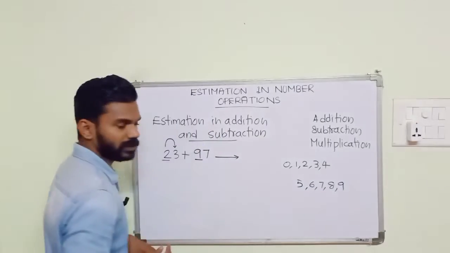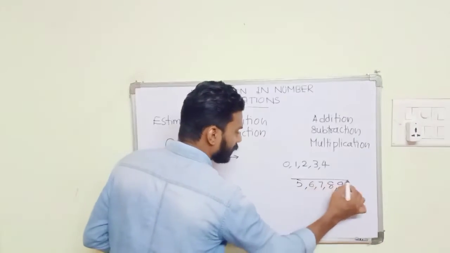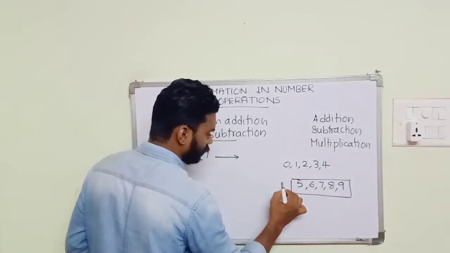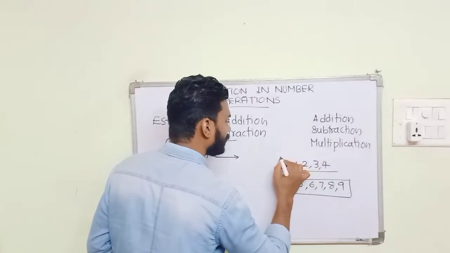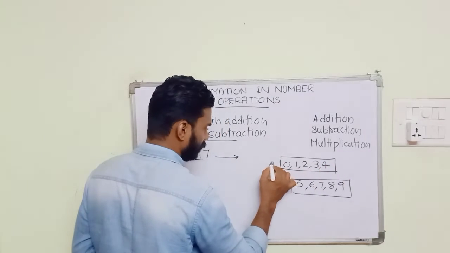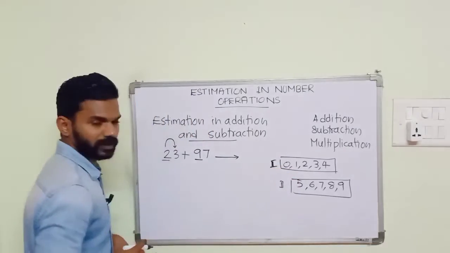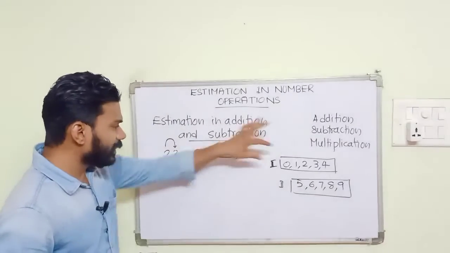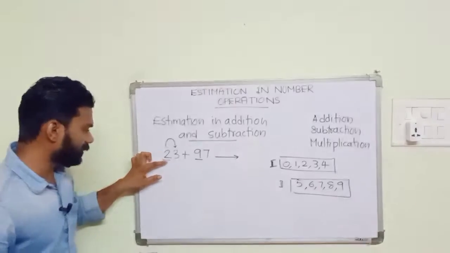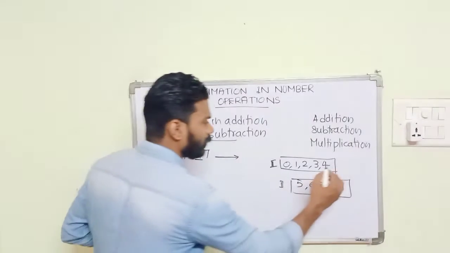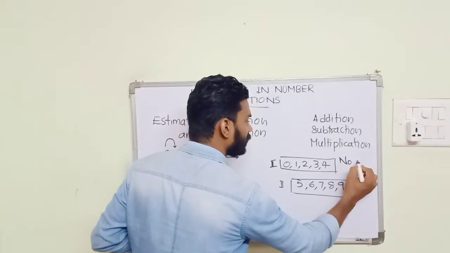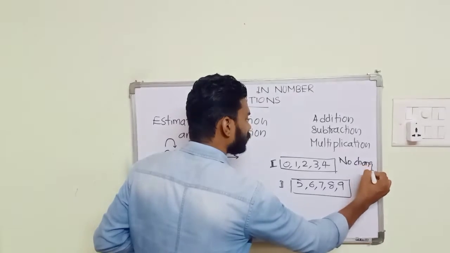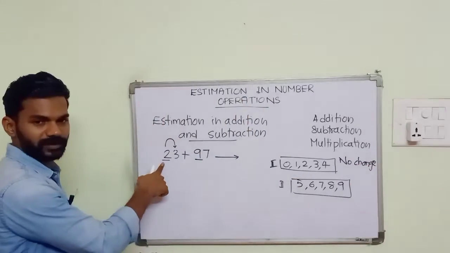That 5 also is considered in the second group. When our digit is in the first group, there is no change to the required place.